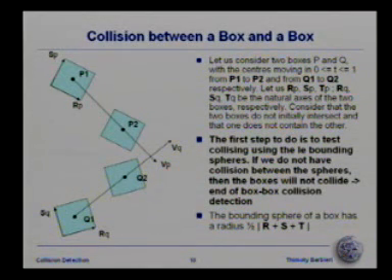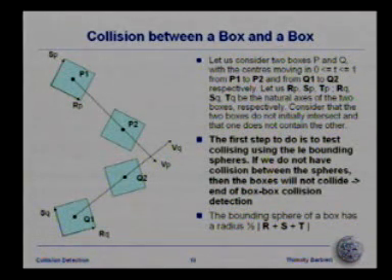You can use a bounding sphere by using an effective radius like this, for example, R, S, T being the vectors describing the three sides, the three axes of the box.